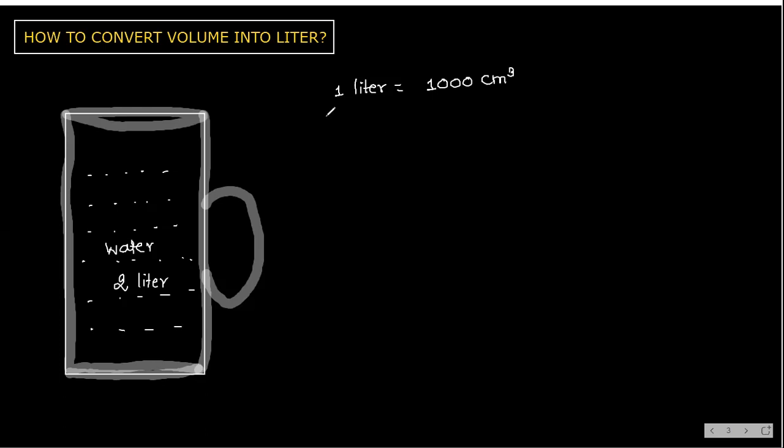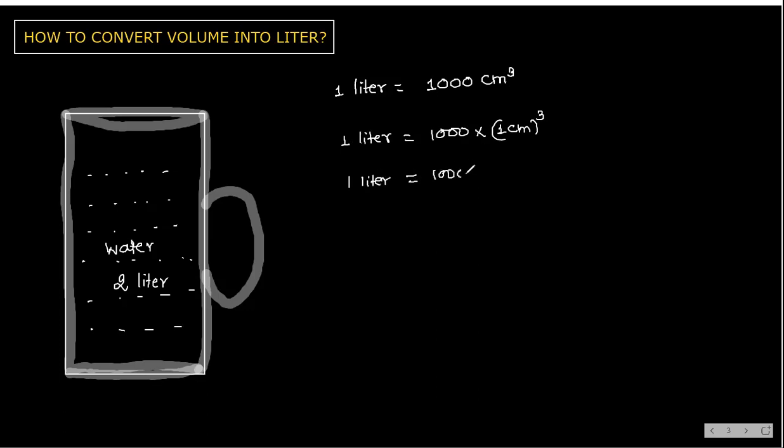So if I want to convert this liter into meter cube, let's convert. 1 liter is equal to 1000 into 1 centimeter whole cube. Understanding? Yes, sir. So here 1 liter is equal to, tell me now how much?